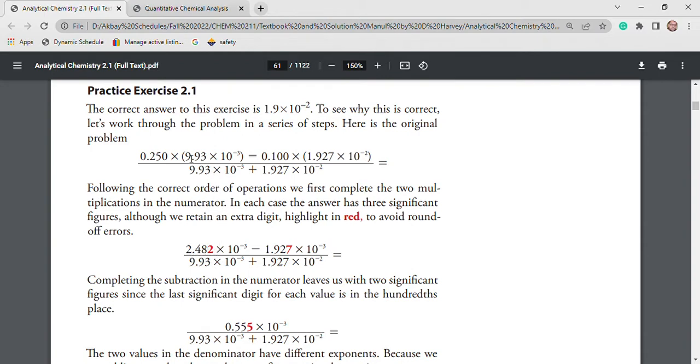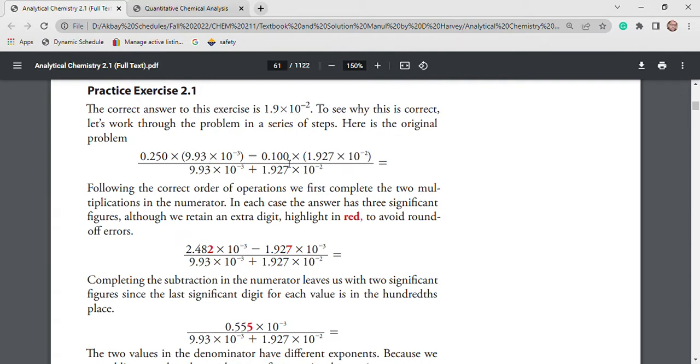Now ideally you should have 3 sig figs, because both of them have 3 sig figs, but here we keep one more to the end. So when we come to the end, this is where we decide the numbers. But here, 3 sig figs.